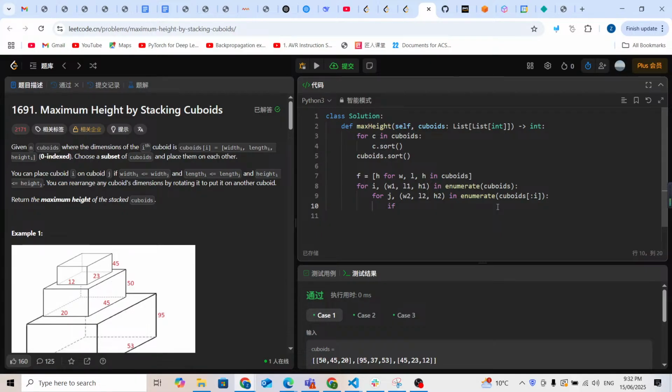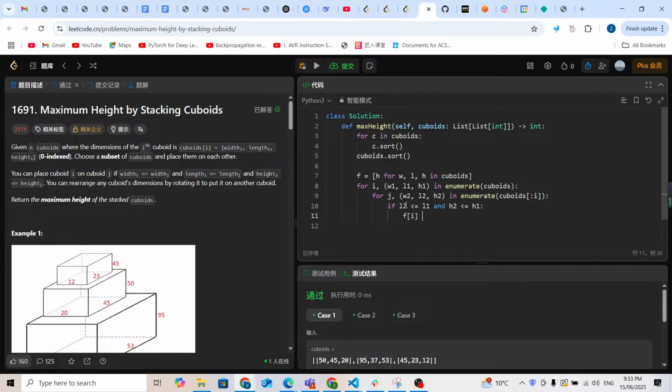The condition is that w2 is less than or equal to w1, and because we sorted according to the first dimension, it already meets that, so we check the second. If l2 is less than or equal to l1, and h2 is less than or equal to h1, we update it.